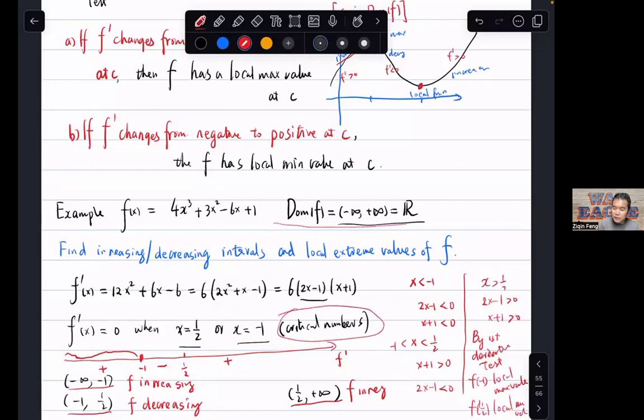And before that, for sure, you need to know the domain. Identify critical numbers, then use them to divide your domain into subintervals, and then decide on each subinterval whether the derivative is positive or negative, right? Then you know the increasing, decreasing intervals. At the same time, you get local maximum values and local minimum values, if there are any.